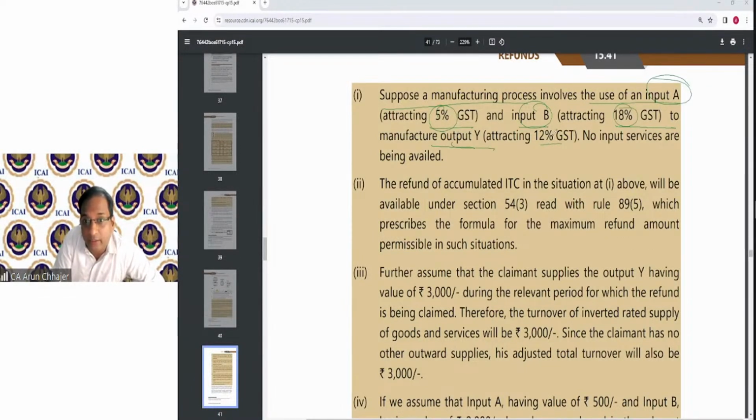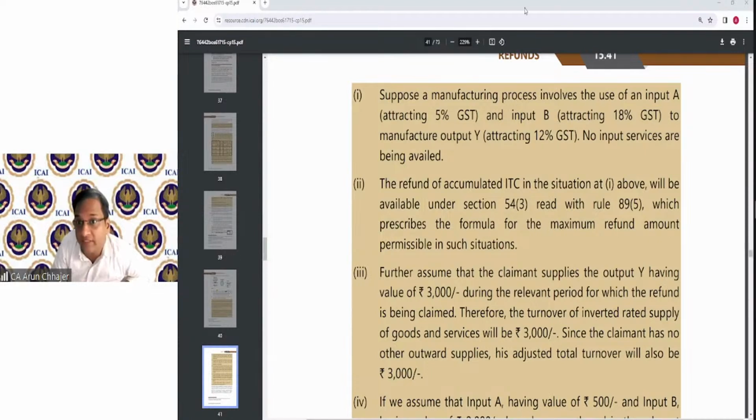What is the tax rate? 12%. So the output tax rate is lower than input B's rate. Then will it be under inverted duty or not? These are small questions. Is it under inverted duty? Answer is yes, it is under inverted duty.